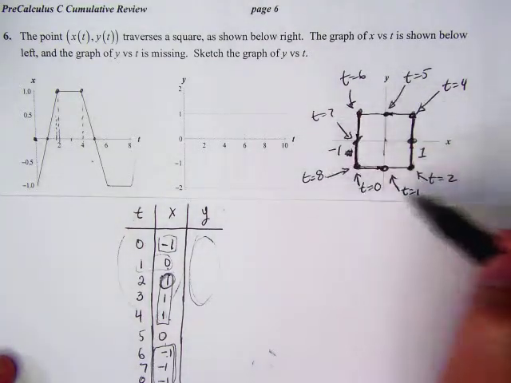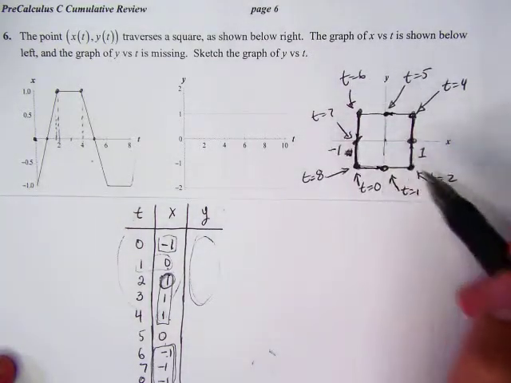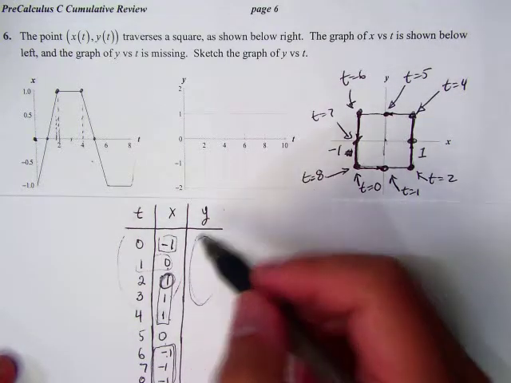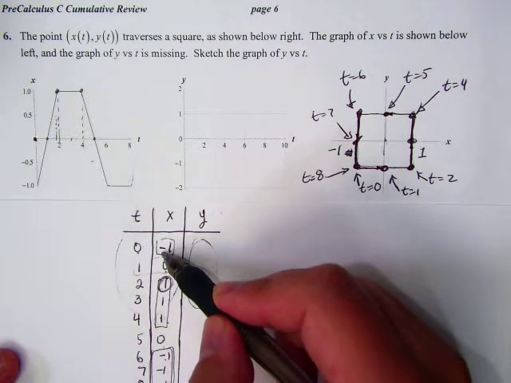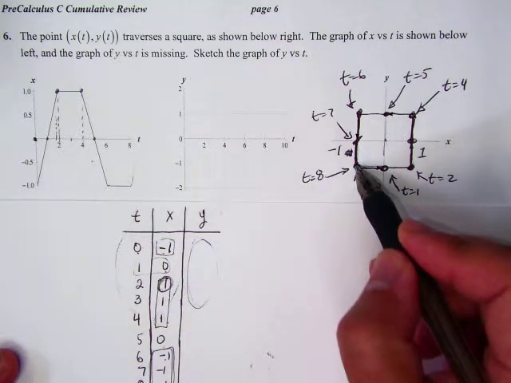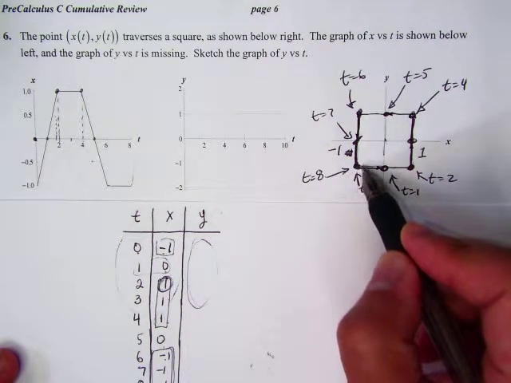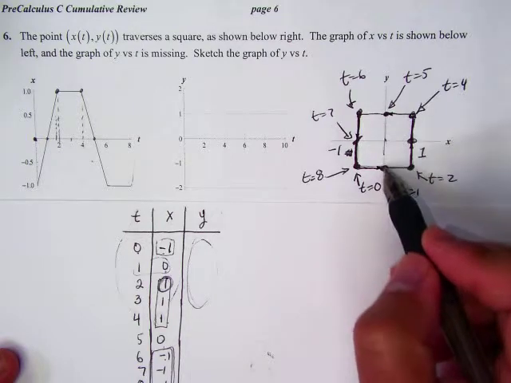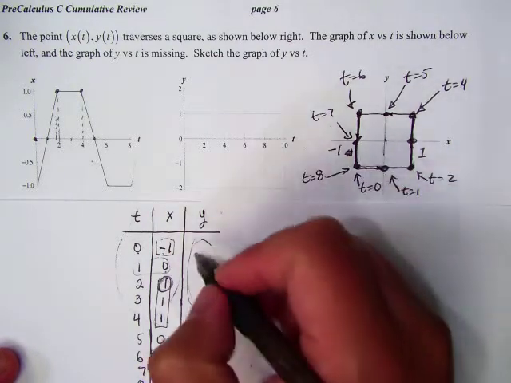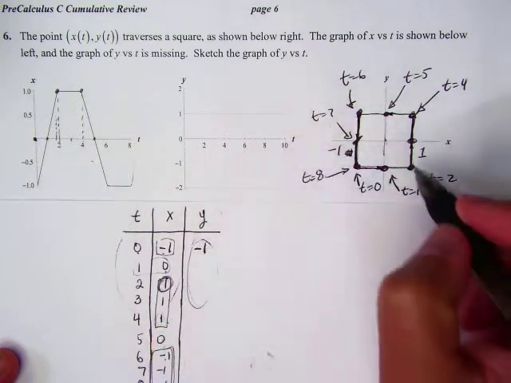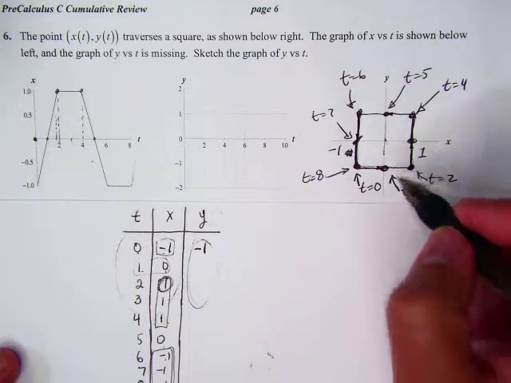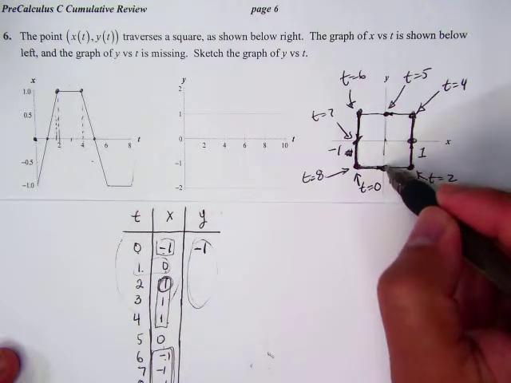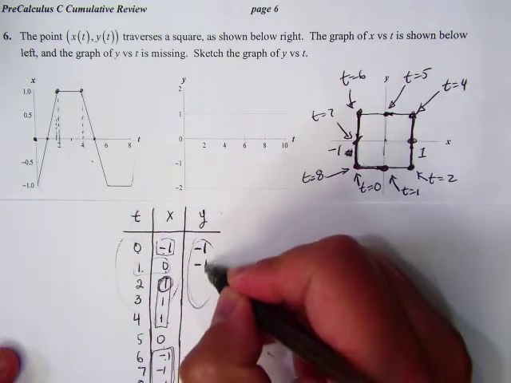Now that we've got this, and this seems to make sense, we'll try to figure out the values of y. Let's start at t equals 0, x equals negative 1. So we're right here. What's the value of y? Well, we know this is a square, so this is probably y equals negative 1. As t goes to 1, x goes to 0. We're right here. Y is still equal to negative 1.